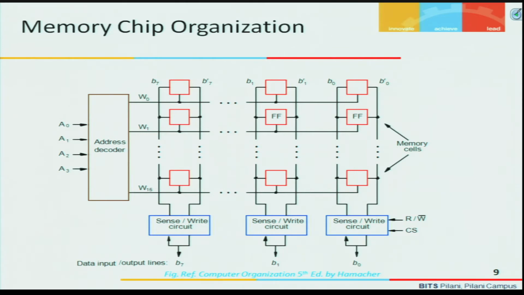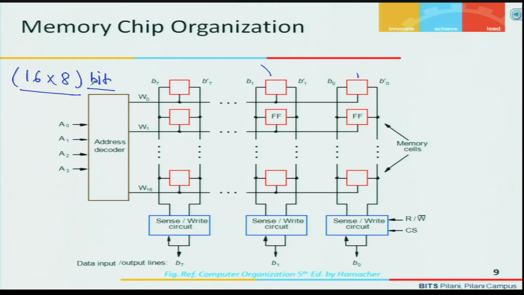In this array, how many rows are there? W0 to W15, total 16 rows, and B0 to B7, total 8 columns. So, it is a 16 into 8 bit memory: 16 words, and each word contains 8 bits of information.